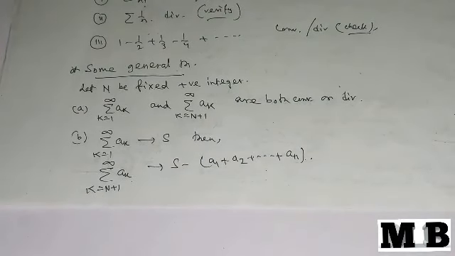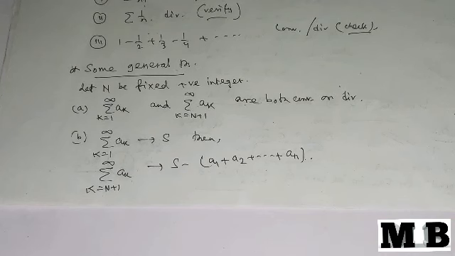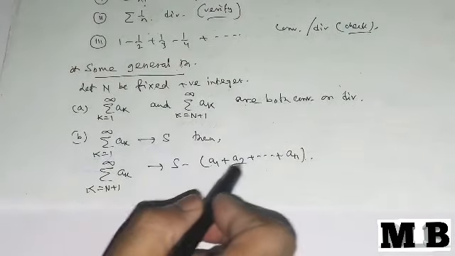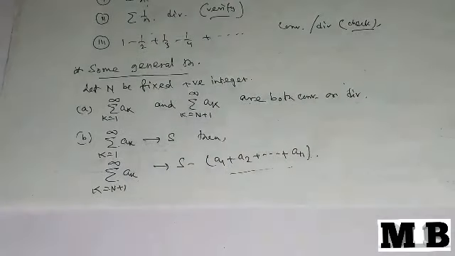So the moral of the story is that if you eliminate a finite number of terms, the nature is the same for both of these series. But if the first series converges to a particular number S, then the second series will converge to S minus those finite number of terms.